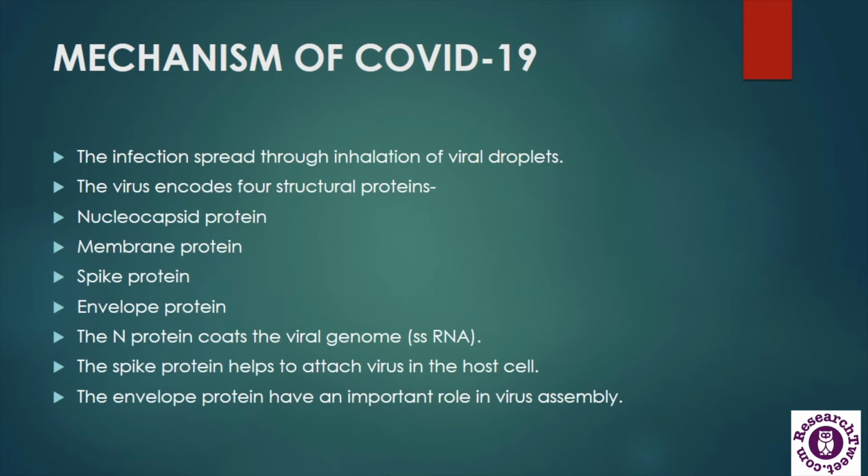Here the innermost layer is the N protein, which coats the viral genome, which is why it is also called the capsid. The genome is a single-stranded RNA molecule. The spike proteins form the spikes, the outermost layer of the virus, and help to attach the virus to the host cell. And the envelope proteins have an important role in virus assembly.